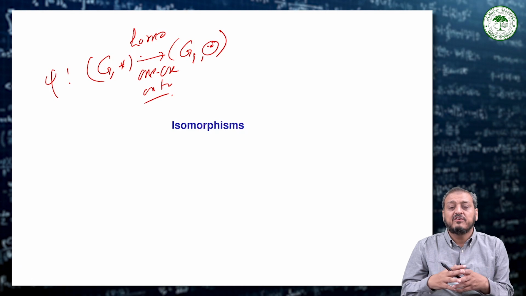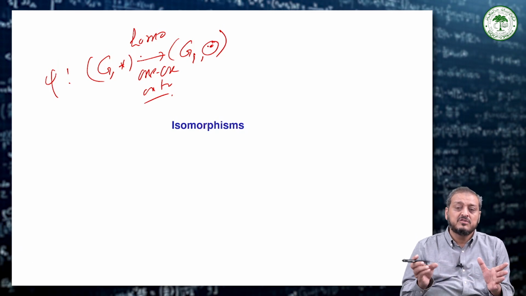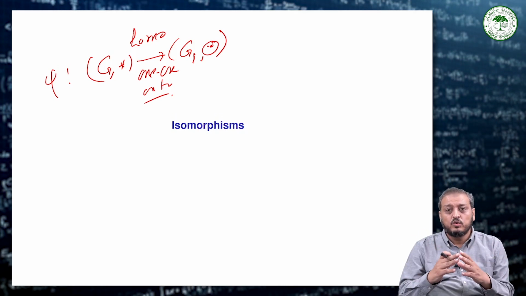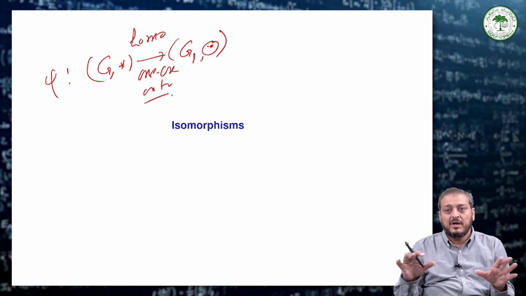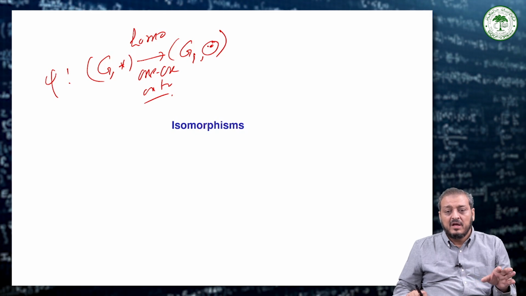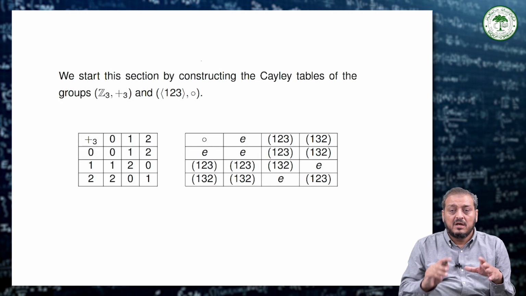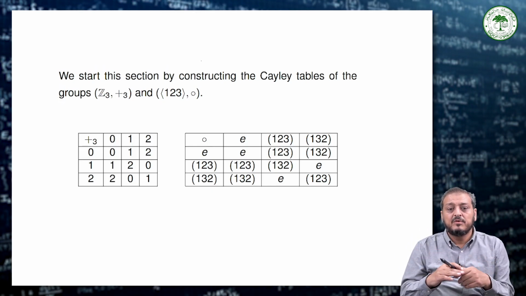Isomorphism simply means that two groups look different, but they have exactly the same properties, they look like the same, though they are different. For example, before giving the definition, I construct the Cayley tables of two groups.